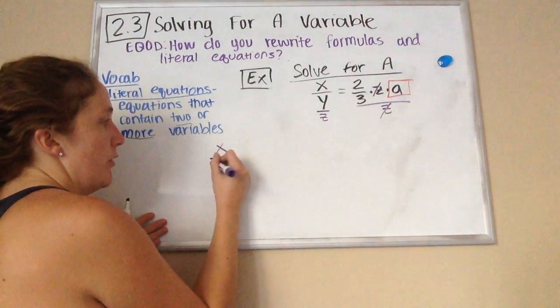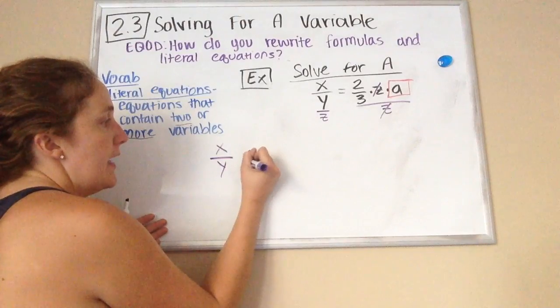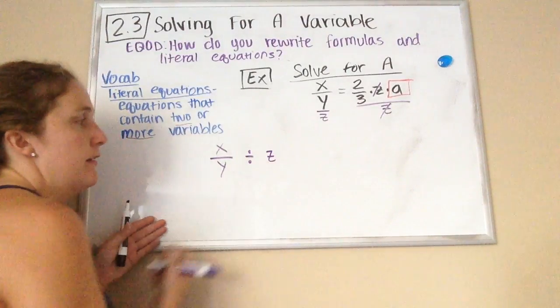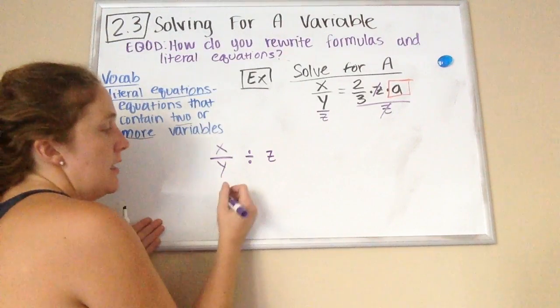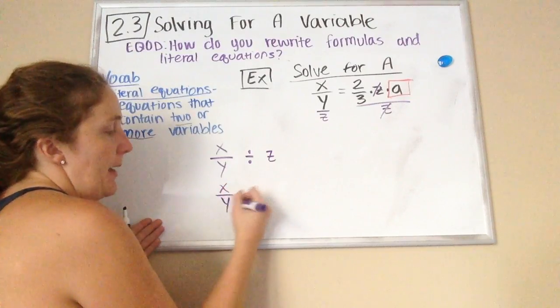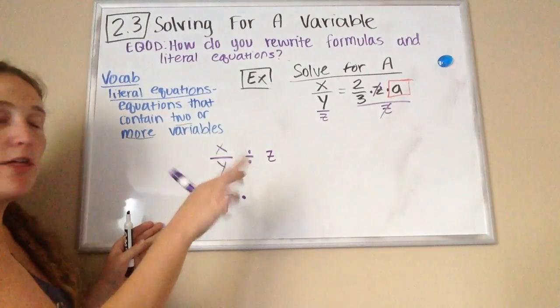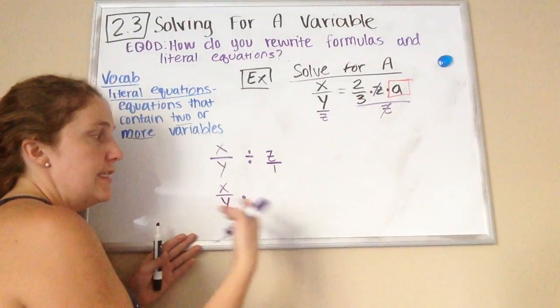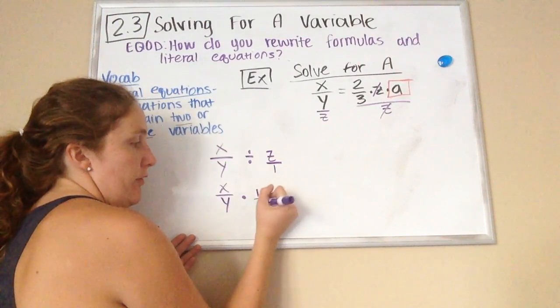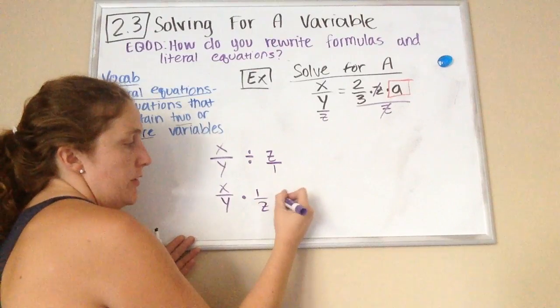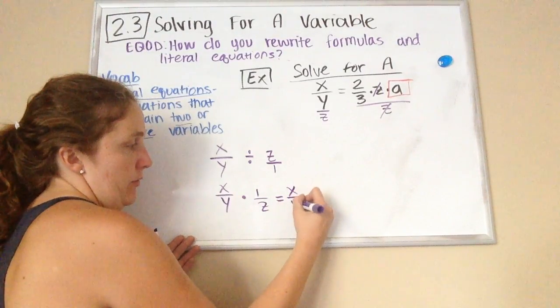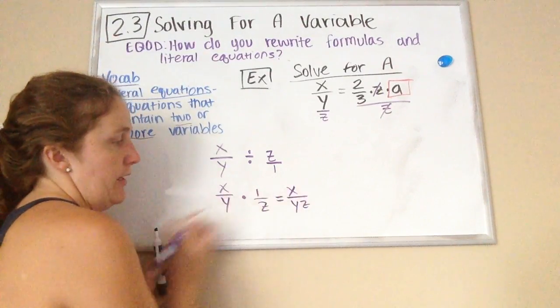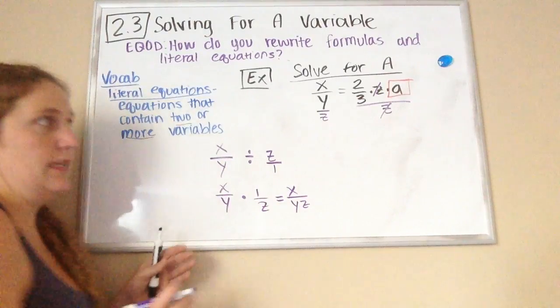So x over y divided by z is the same thing as x over y multiplied by the reciprocal. So z over 1, if we think about the reciprocal of that, 1 over z, that would just equal x over yz, right? x times 1 is x, y times z is yz.